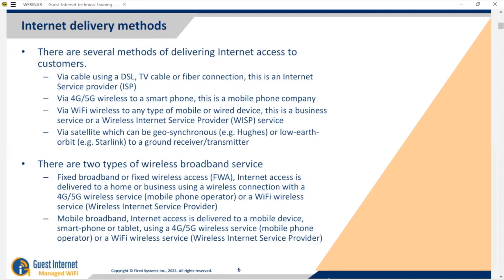We also have satellite services, and these come in two types. One is geosynchronous, where the satellite remains in one position in the sky, and a popular system is provided by HughesNet and used in many locations around the world.